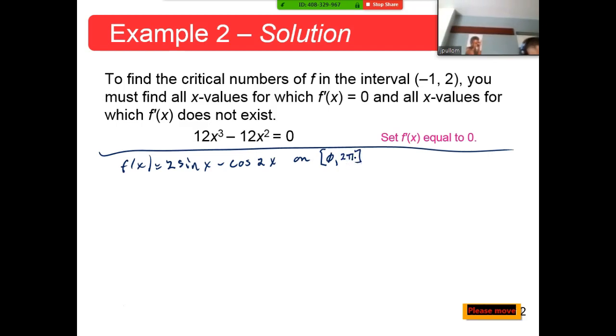All right, what's our first step? We're looking for our extrema, the extreme values on that closed interval. Take a derivative. Sounds like a winner. Okay, first derivative is?